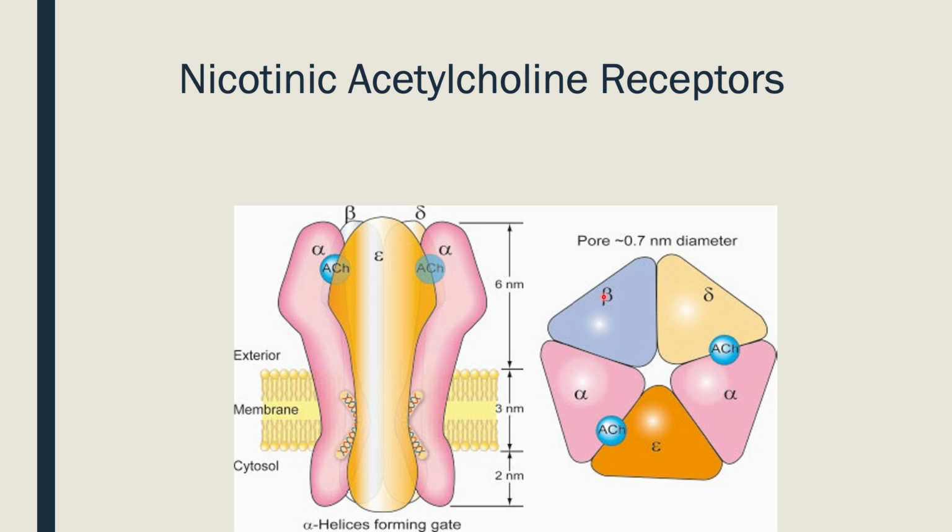Notice here, for this top-down perspective, our alpha subunits on our nicotinic acetylcholine receptors are where acetylcholine is binding. Now, our non-depolarizers work by competitively inhibiting the binding of acetylcholine to our nicotinic acetylcholine receptors at the neuromuscular junction.